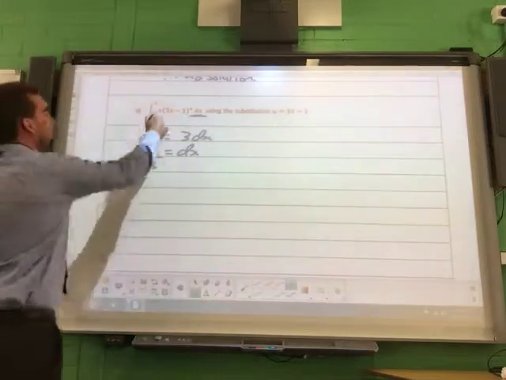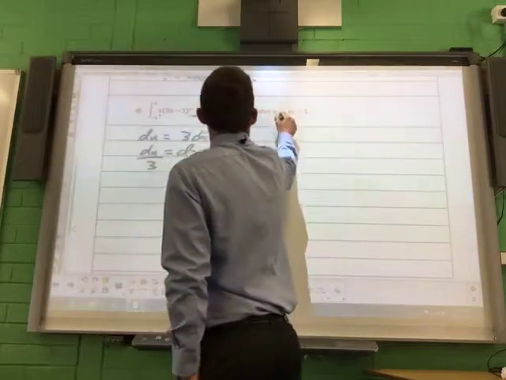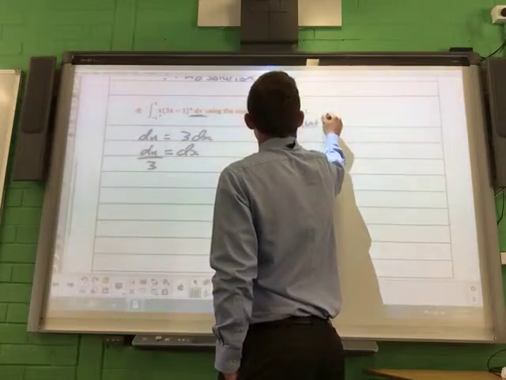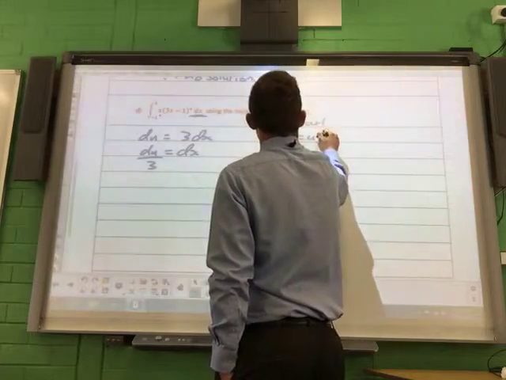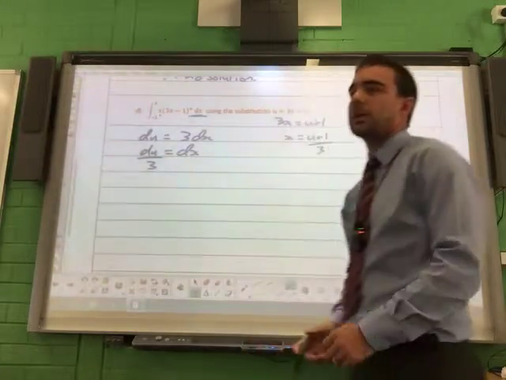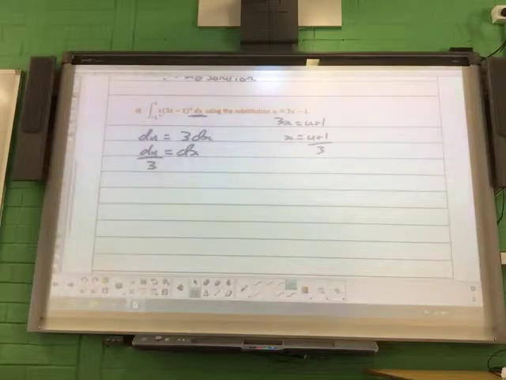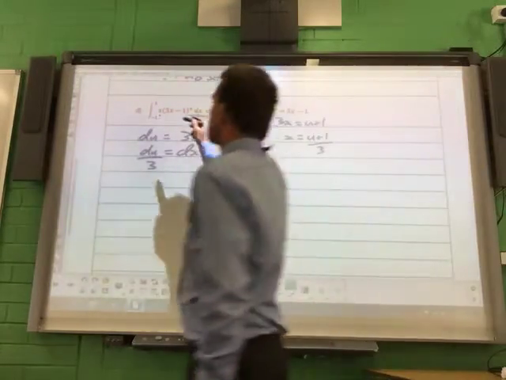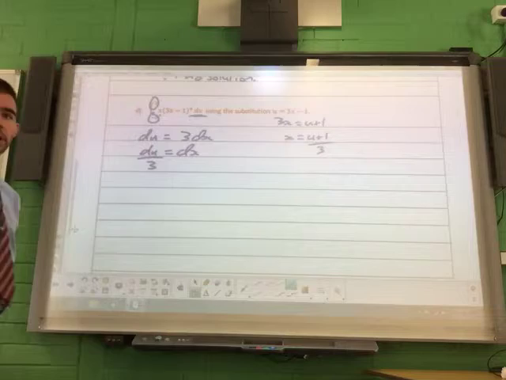And with x, so 3x is u plus 1, x is going to be u plus 1 all over 3. So that's what I'm going to replace x with. The other thing I need to do is change my endpoints of integration.